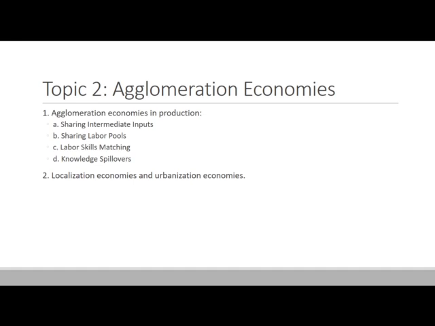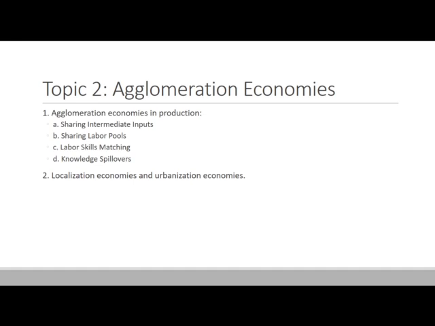That's something like what we studied using this circle model, right? In general, when more firms stay together and the size of the city is larger, you have more workers. So when the firms want to hire, the training skill gap tends to be smaller for each worker, and that also saves the training cost. That's the idea of labor skill matching.